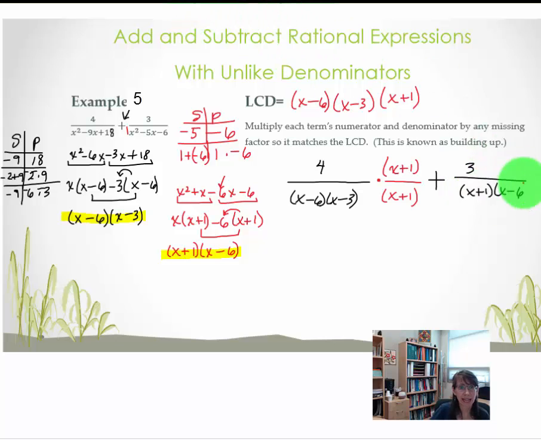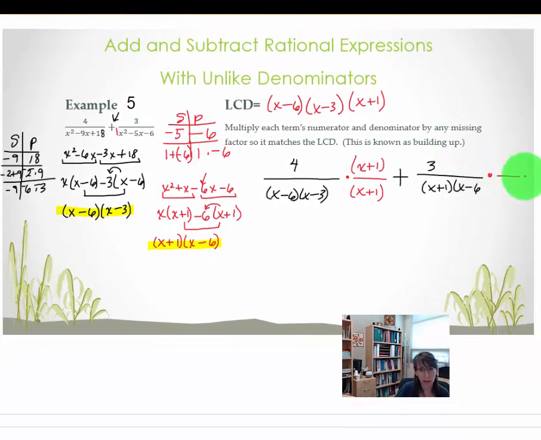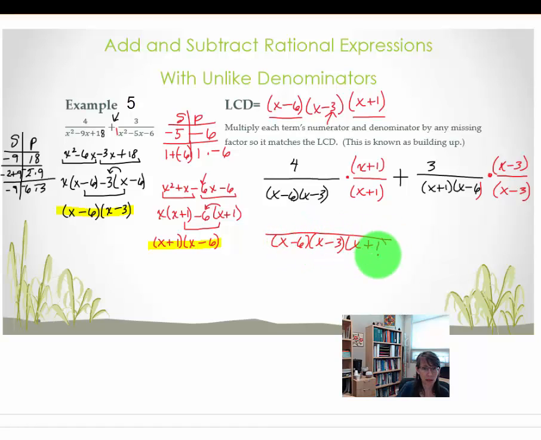Multiply by the factor that is missing to build it up. So I have quantity x plus 1 and x minus 6, so it looks like we need quantity x minus 3. So now you can see both of these denominators have the same 3 factors. So we've got quantity x minus 6, quantity x minus 3, quantity x plus 1. Again, it doesn't matter what order you write them in as long as you have all 3.